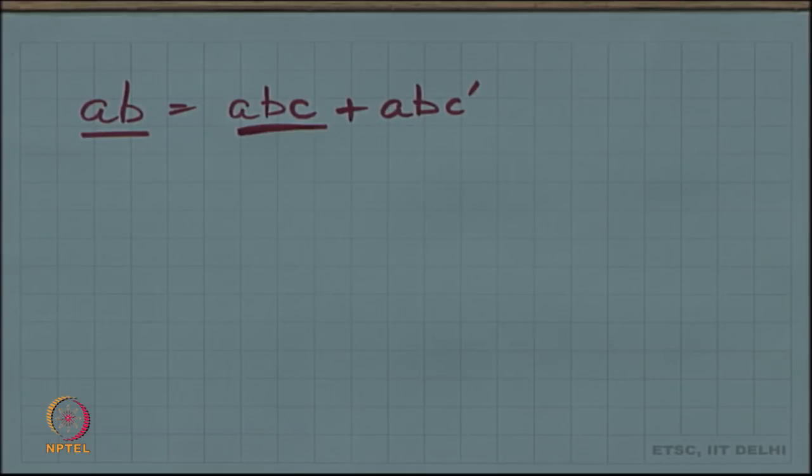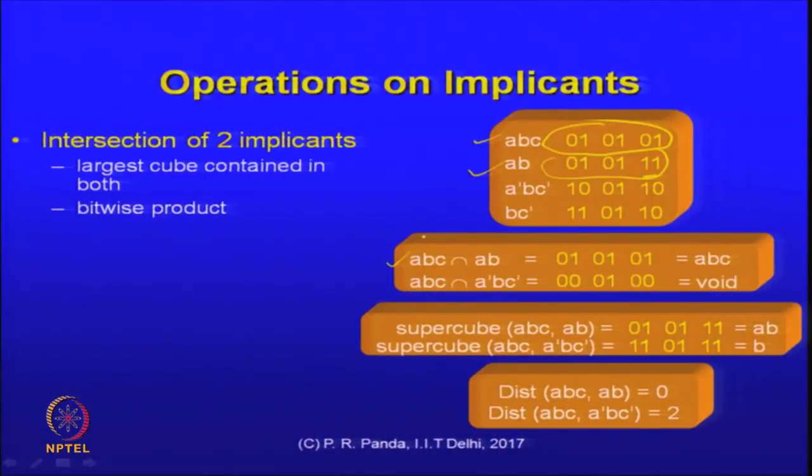This would be captured in our representation as follows. You look at the encoding for ABC, take the encoding for AB, and you just do a bitwise product of all the 6 columns. What do you get? 0 1 intersected with 0 1, you get 0 1.